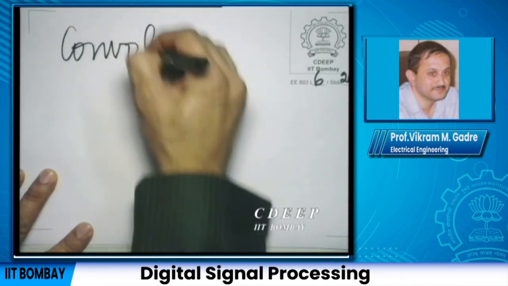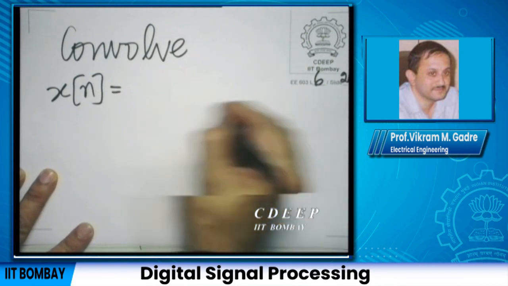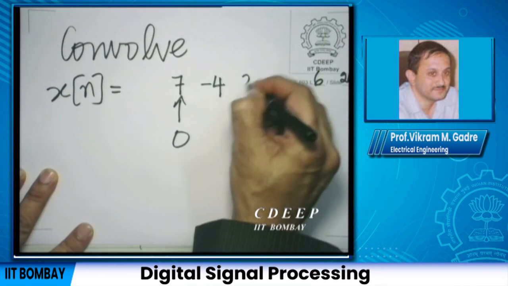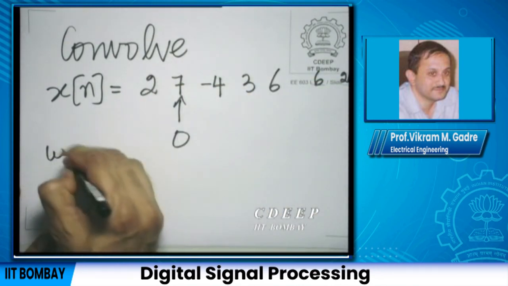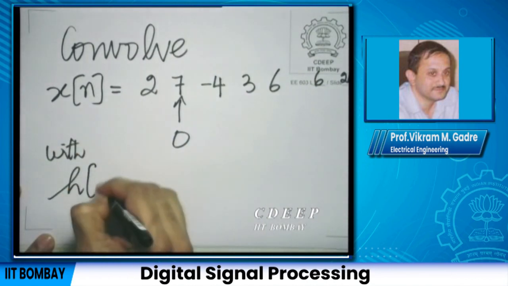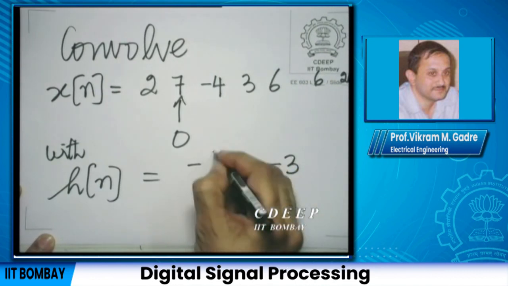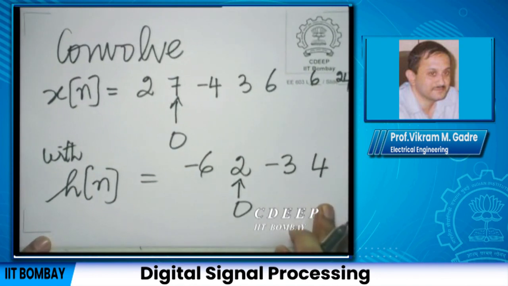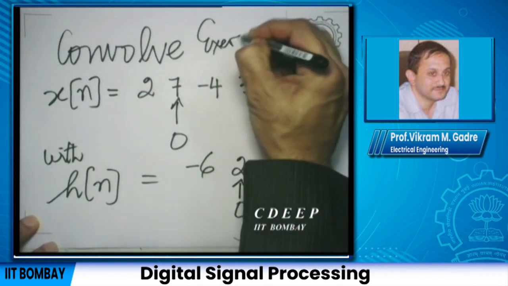So, convolve x[n], which is 7, minus 4, 3, 6, 2, with h[n] given by 2, minus 3, minus 6, 0, and let me put another point there to make you work a little harder. So, I leave this for you as an exercise, obtain this convolution.